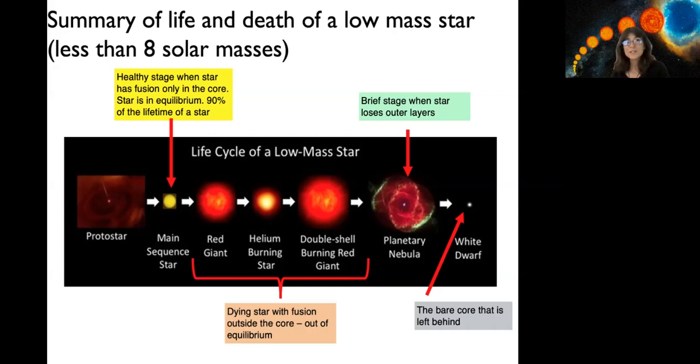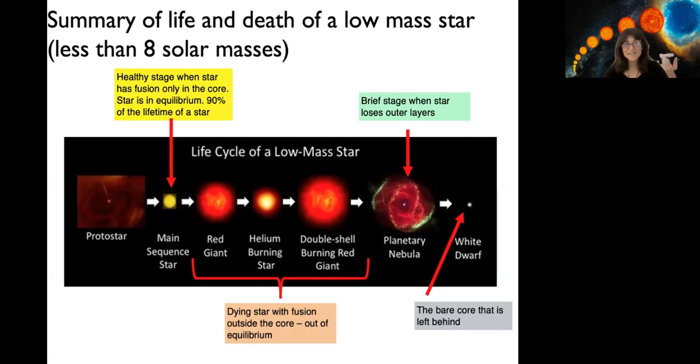So here's the summary of the life and death of a low mass star such as the sun. A low mass star, again, defined as less than 8 solar masses. So it begins its life as a baby star, a protostar that came from a molecular cloud. Then it goes into the healthy life, the healthy stage, which is when the star is fusing hydrogen into helium only in the core, not in shells, not in anything else.